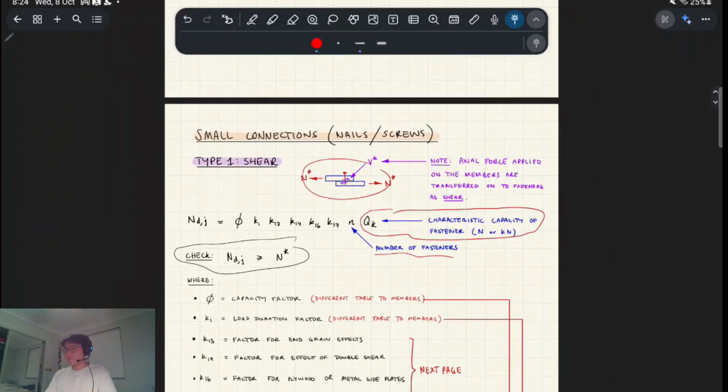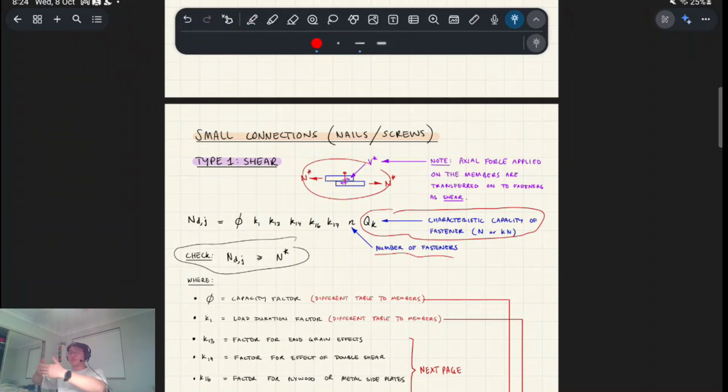The reason I've highlighted this top row in red is because of how I've divided up my notes. Imagine you're taking this into the exam or your midterm, right? It's like a cheat sheet, right? If you're doing a nails or screws question, I want all the available things you need for a nails and screws question in one part of my cheat sheet.